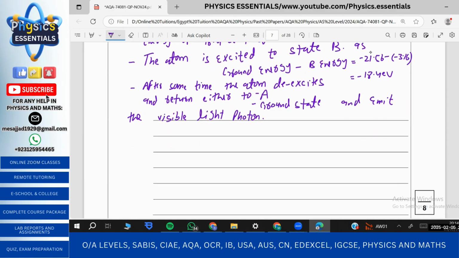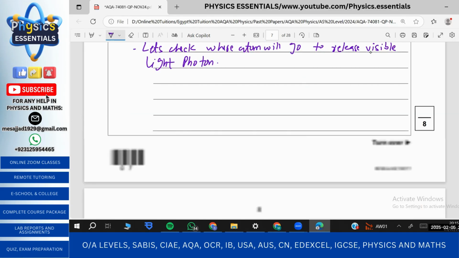For that, we have to calculate for both. So let's check. We have to check now where the atom will go to release a visible light photon. Okay, for that, we will say the energy that atom has, hc over lambda, which is 18.4.